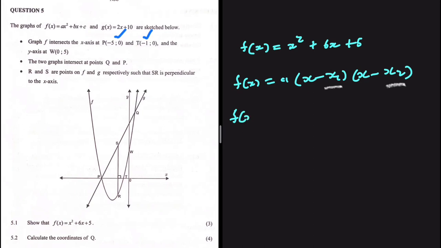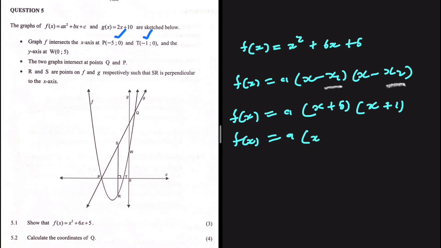So f(x) is equal to a multiplied by (x plus 5) multiplied by (x plus 1). So f(x) is equal to a multiplied by x squared plus x plus 5x plus 5. So we have f(x) equal to a multiplied by (x squared plus 6x plus 5).